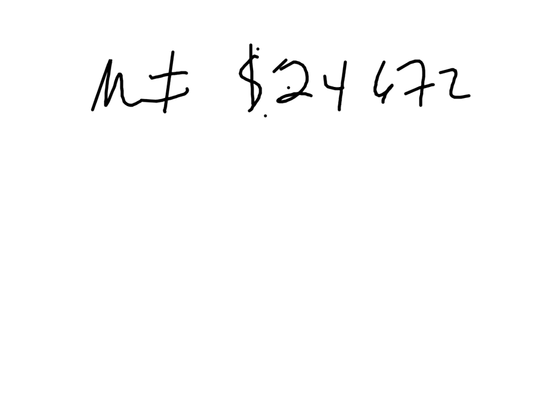Personally, I say reject the null hypothesis and move on, but since they introduced the idea of a claim, we're going to say, as the book did, that there's enough evidence to support the claim that the average cost is not $24,672.